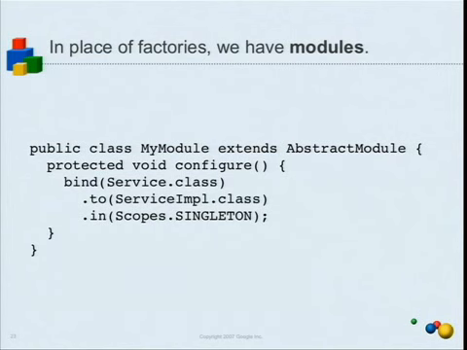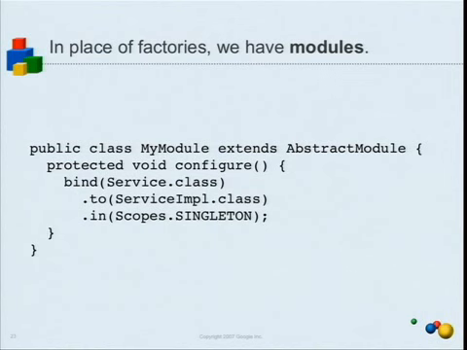I can use what we call a domain-specific language to communicate with Guice. All that basically means is that we have this nice little English spoken language sort of thing that's very readable. And so in this case, we want to tell Guice that whenever you see somebody that needs service, we want to give them a service impl, and we want it to be a singleton.